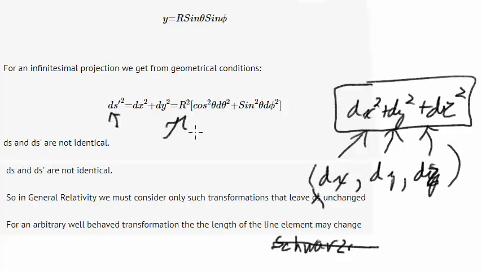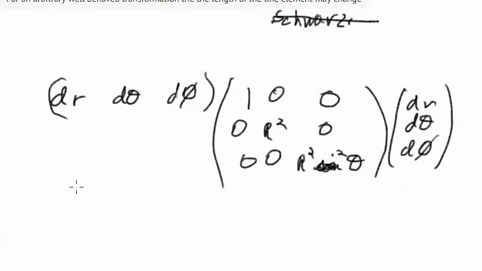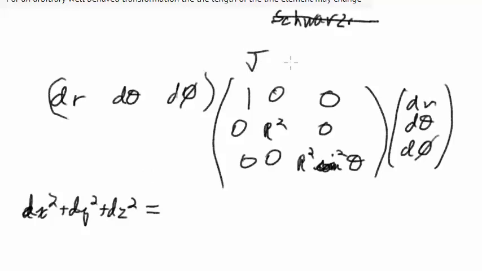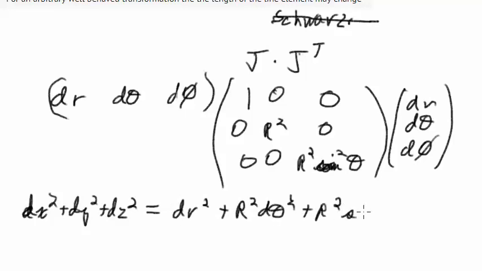If you had the full thing in here, you would need to put in dz as well. And you would find that dx squared plus dy squared plus dz squared would be the Jacobian times the Jacobian transpose, would come out to be dr squared plus r squared d theta squared plus r squared sine squared theta d phi squared.